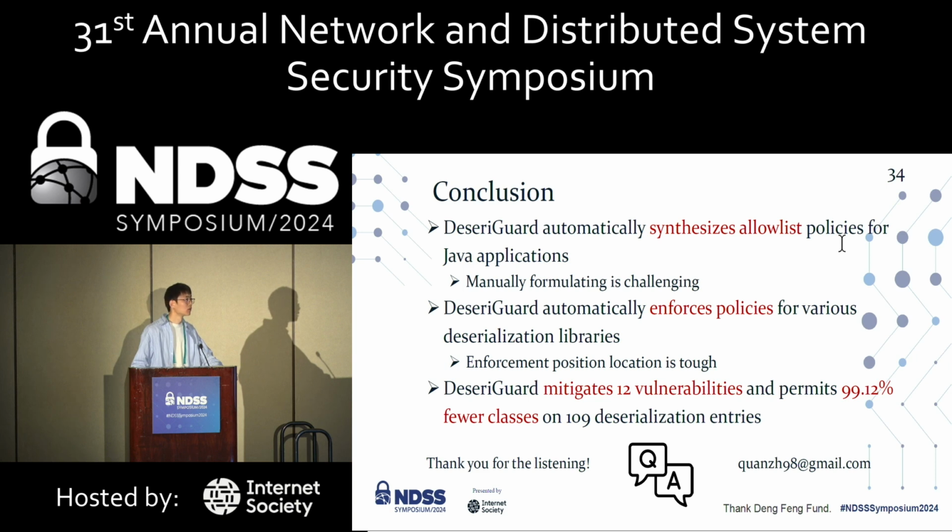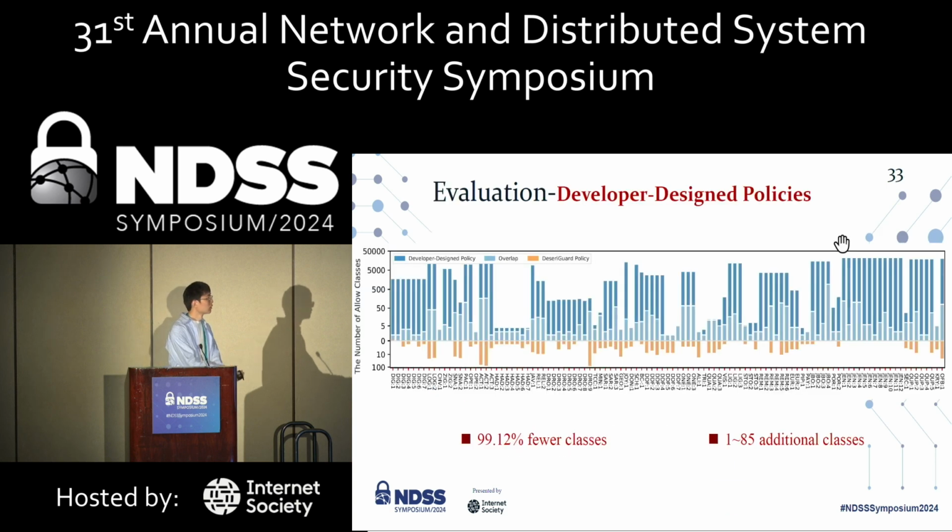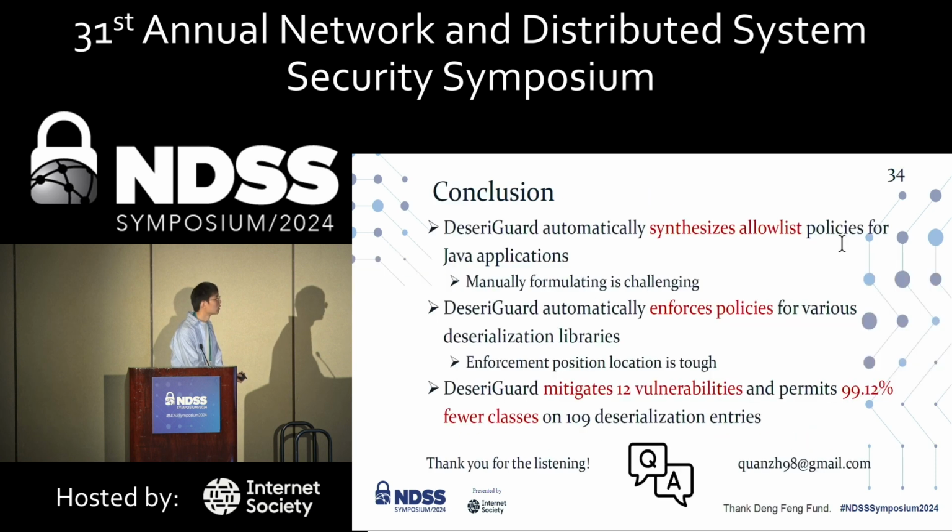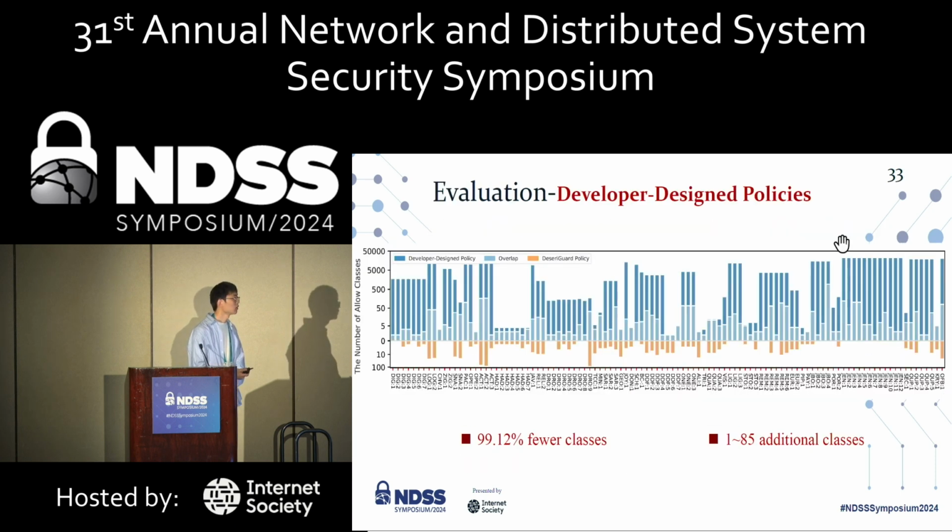I'm curious, you mentioned 109 developer-designed policies. Can you tell us how you found them? You mentioned GitHub and stars, but I wanted to know how you scraped them in the code, how you found these developer-designed policies. First we searched for projects on GitHub by searching with some keywords that developers usually use to enforce policies.